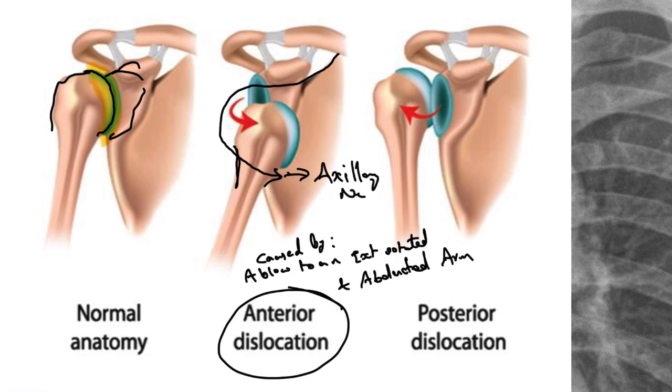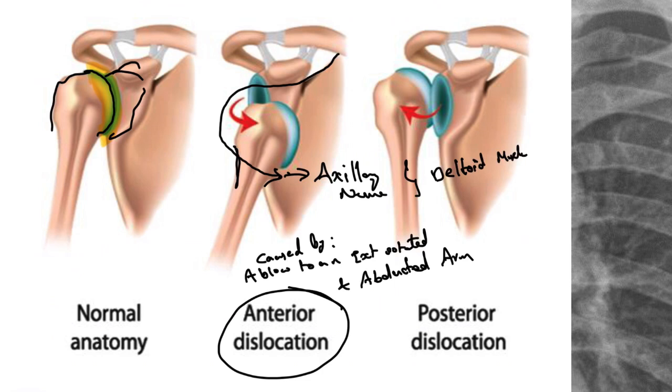This axillary nerve mostly innervates the deltoid muscle and teres minor. If any dislocation happens, that axillary nerve will get stretched, or sometimes the axillary nerve will get torn.